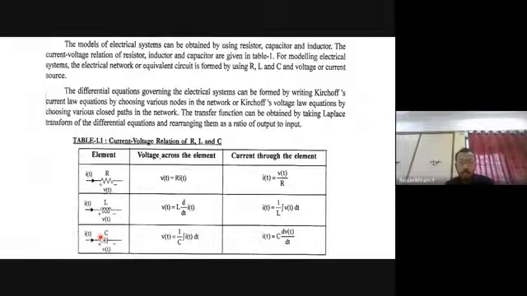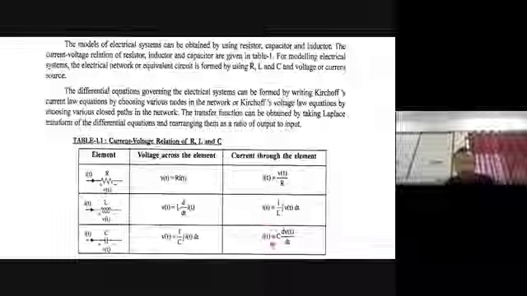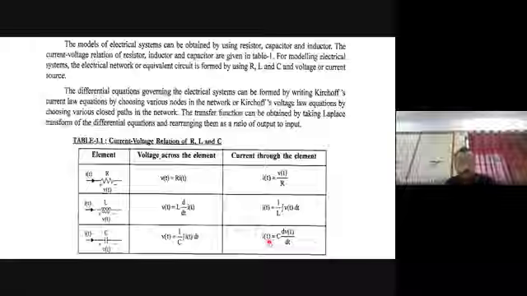You see that the current and voltage relationship, as already informed yesterday, is reciprocal. For inductance, the voltage is L into di by dt. For the current relation with the capacitance, i(t) is equal to C into dv by dt. Based on this, the relation for the mass as well as the spring will differ. The dashpot is the same for both the voltage relation and the current relation.